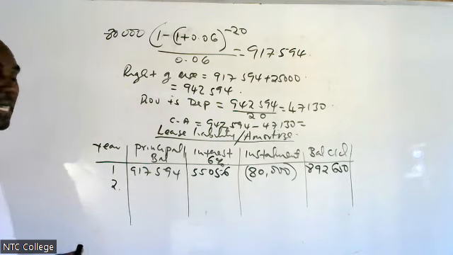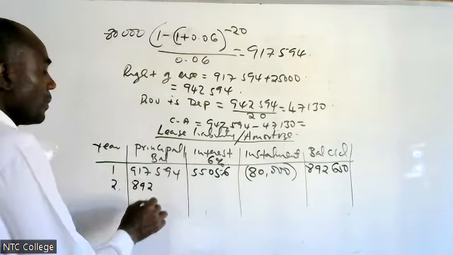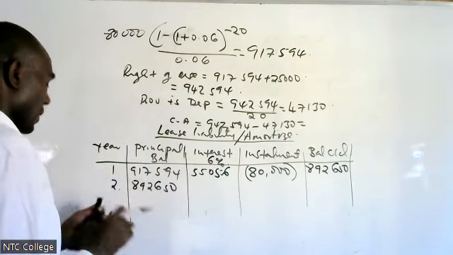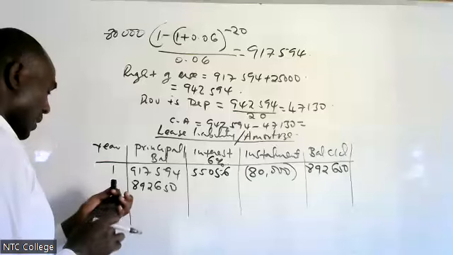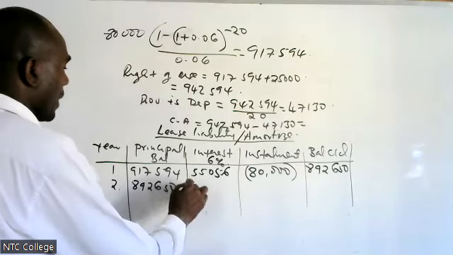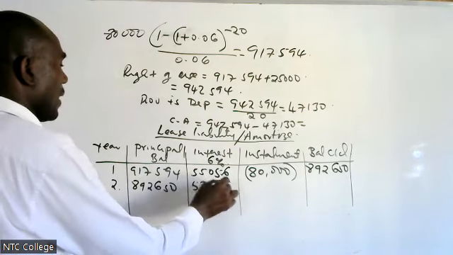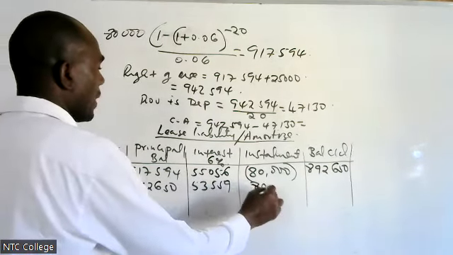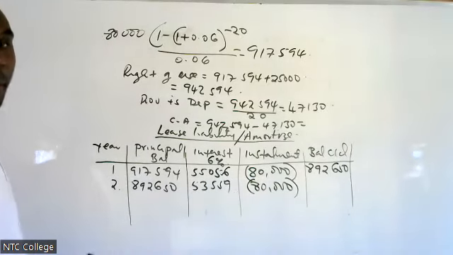In year two, I have 892,650 times 0.06. I'm getting 53,559. I pay 80,000 like that. This is 6% of the opening balance, so don't ask me where I am getting 53,559.